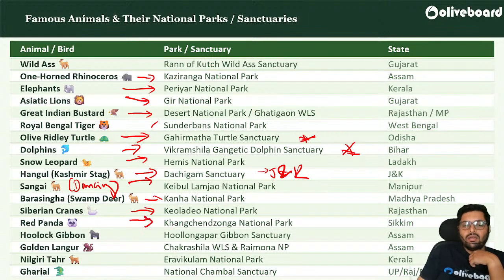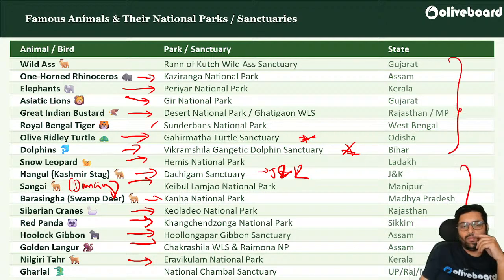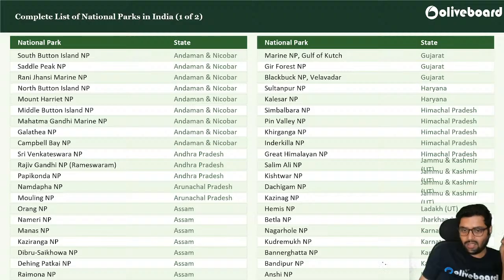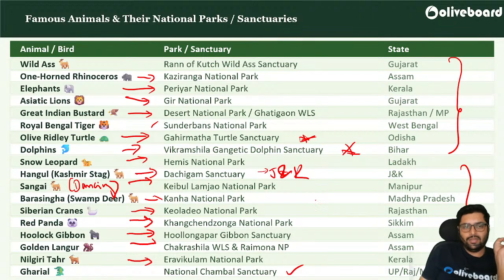Red panda, Kanchenjunga National Park. Hoolock gibbon, Hollongapar Wildlife Sanctuary. Golden langur, Chakrashila. Nilgiri tahr, Eravikulam, remember I told. So I have mentioned all the states also. And gharial, National Chambal Wildlife Sanctuary. It is across three states: UP, Rajasthan, and Madhya Pradesh.